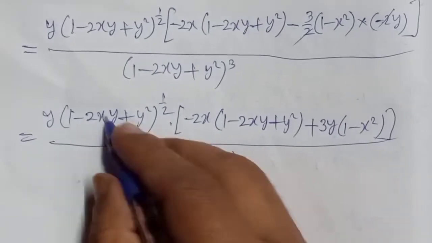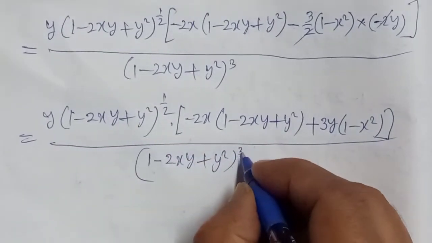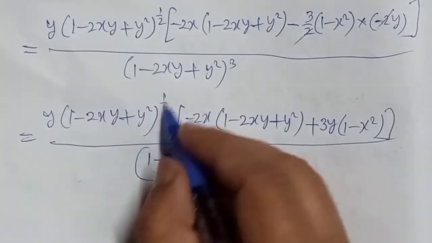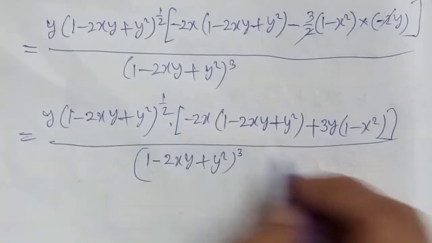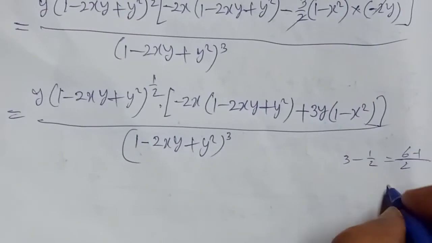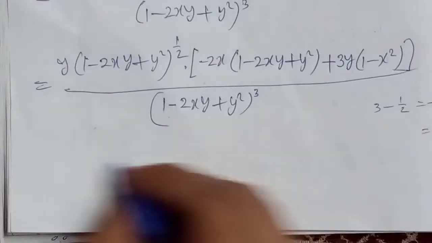We can collect this power 3, we have to subtract minus 1 by 2, so 3 minus 1 by 2 equals 6 minus 1 means 5 by 2.